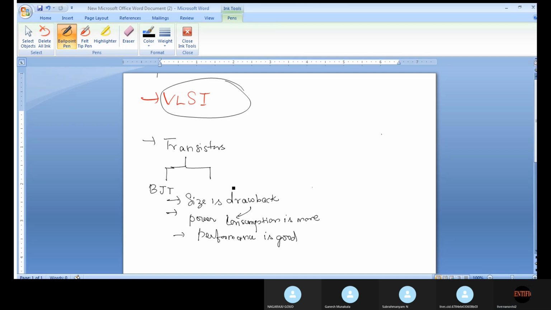And reliability wise, BJTs are also very good. So they perform very well and the reliability is high. Even though BJT has these two advantages, there are more advantages. Now I am talking about performance and reliability, which are very important. Speed of operation is also very good.